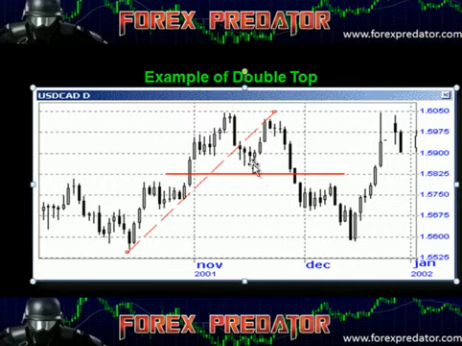Whenever you see shadows at the bottom below your candles, you know that there's a lot of buying pressure, because the sellers are pushing price down, but the buyers have been able to push it back up, which often leaves these long wicks at the bottom of these candles. And the opposite is true. When you see longer wicks at the top of a candle, you know that there's selling pressure.